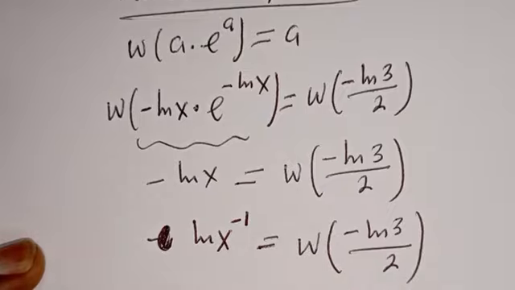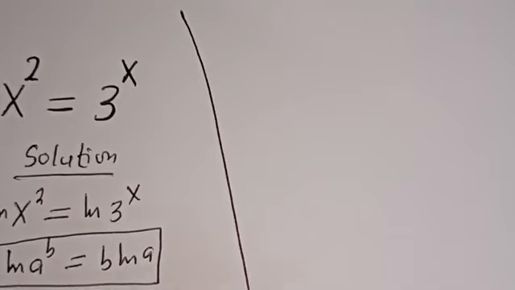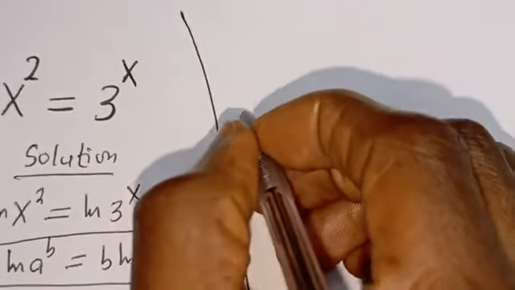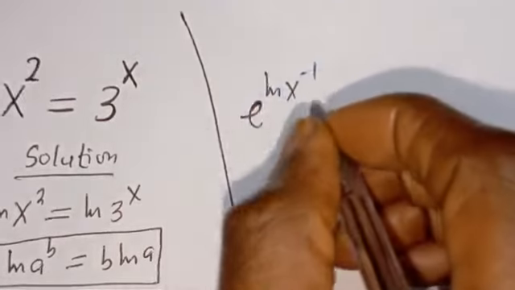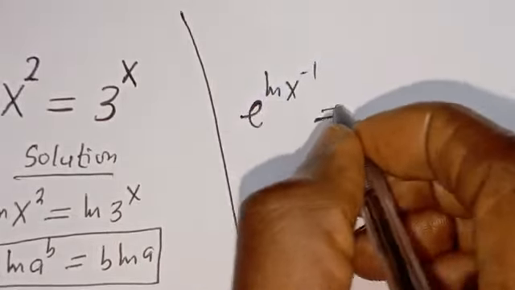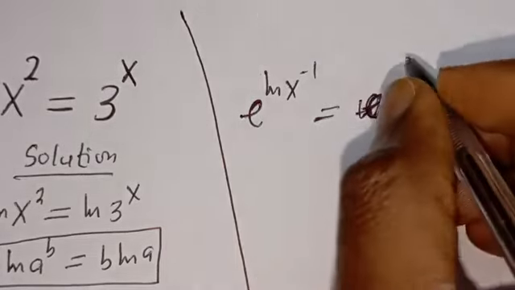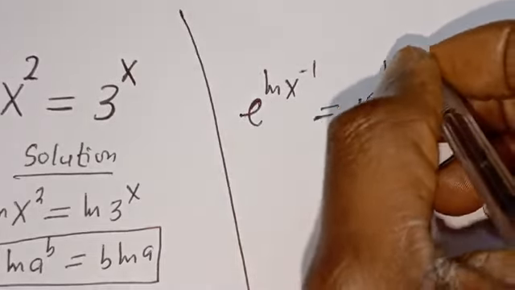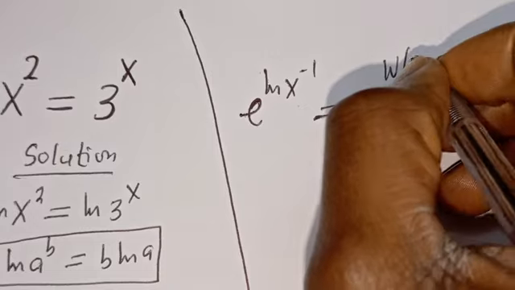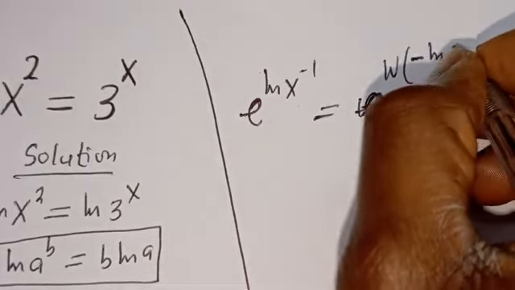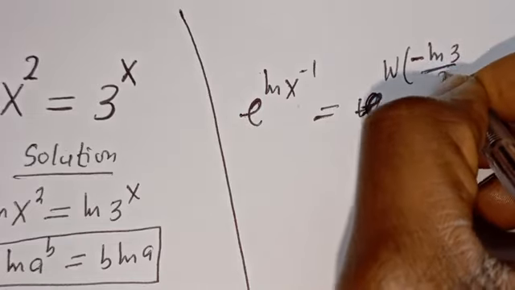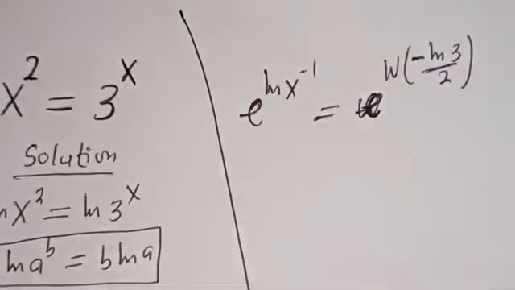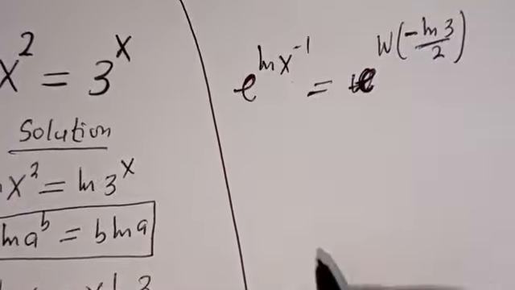Now at this point, let's introduce our e. Then the equation becomes e to the power of ln of x to the power of minus 1 is equal to e to the power of W bracket minus ln of 3 divided by 2.